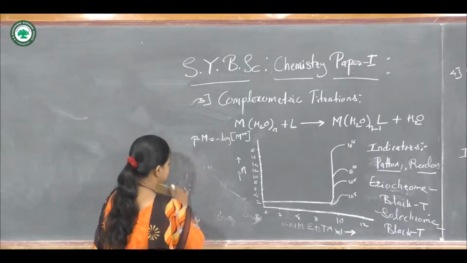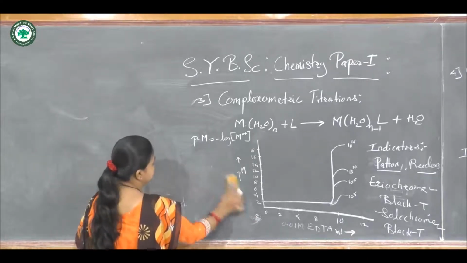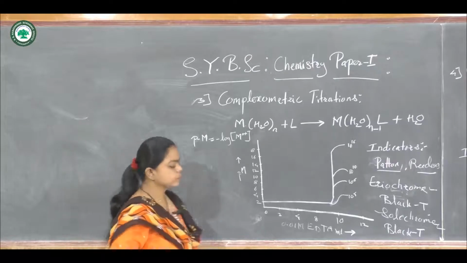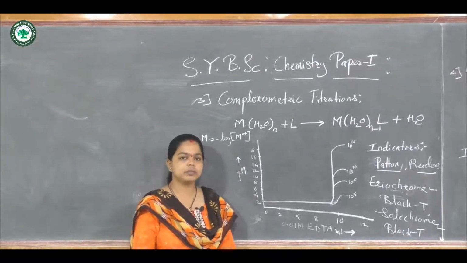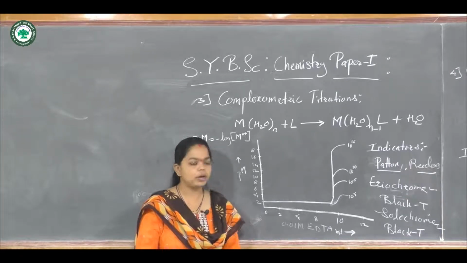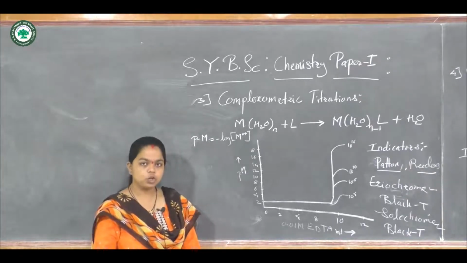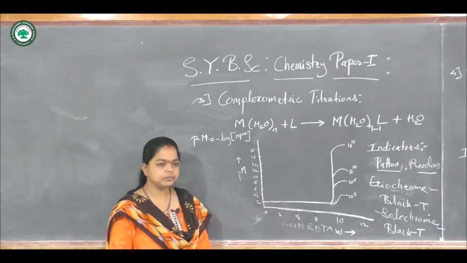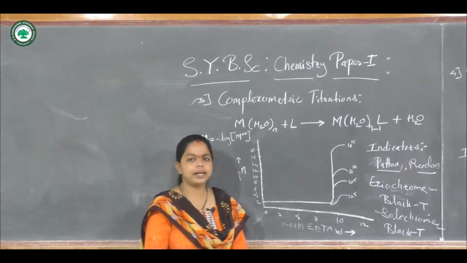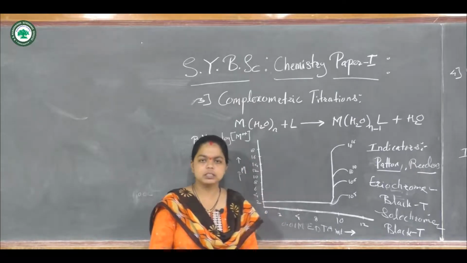Now let us see the graph. In this graph, what have we taken? We have plotted the graph of pM, that is minus logarithm of the metal ion concentration, with 0.01 molar EDTA solution. So how is this EDTA solution prepared? It may be prepared by the direct method or the indirect method.